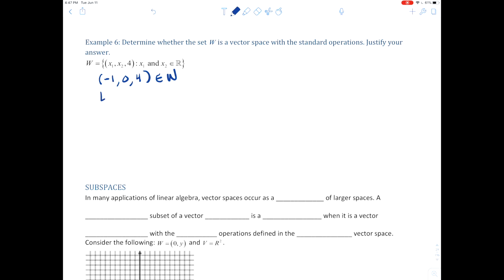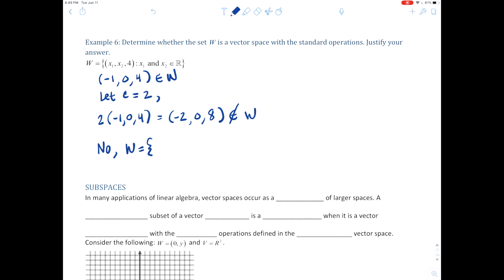So if we let our scalar c equal to 2, times the vector -1, 0, 4 is equal to -2, 0, 8. And do you see that this is not an element of the set W because the last component is not 4, right?